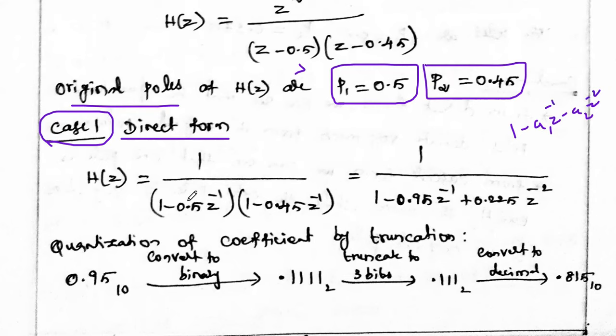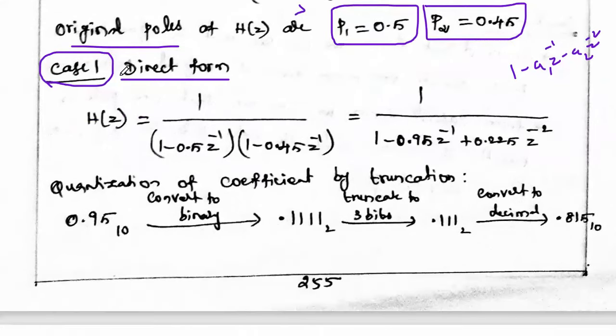That's why you multiply these two terms. If you multiply these two terms, we get 1 minus 0.95 z inverse plus 0.225 z power minus 2.